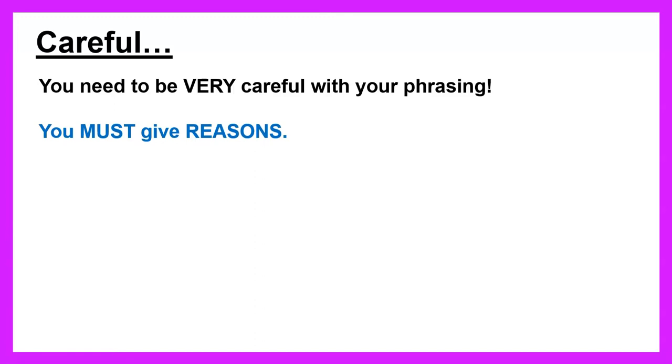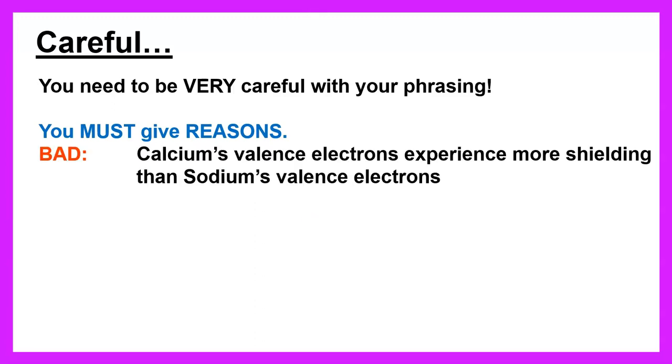They'll use some keyword like that, okay? So saying calcium's valence electrons experience more shielding than sodium's valence electrons, that's a true statement, but it doesn't at all explain why. There's no scientific principle that you're giving to justify your statement.